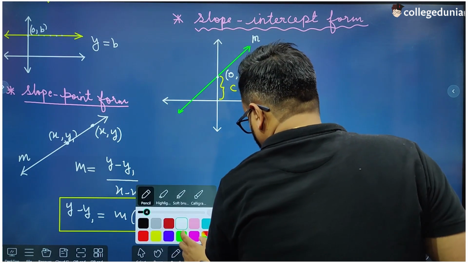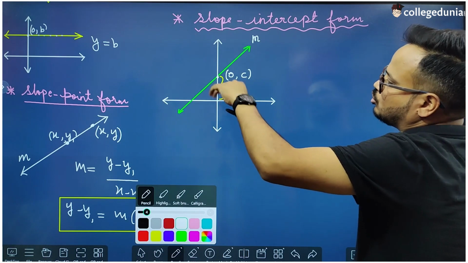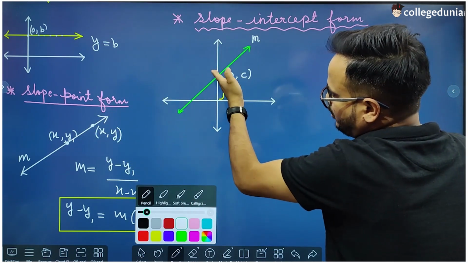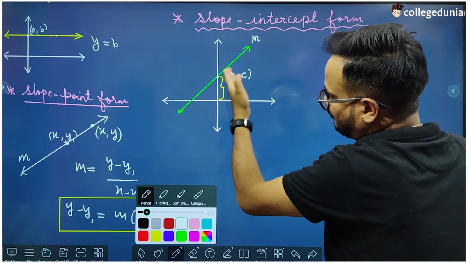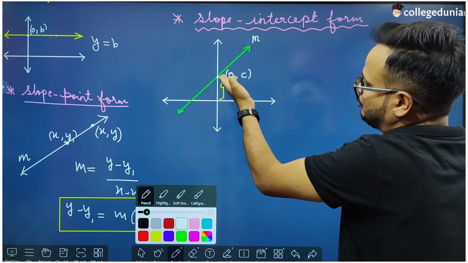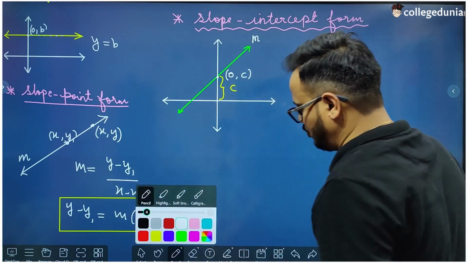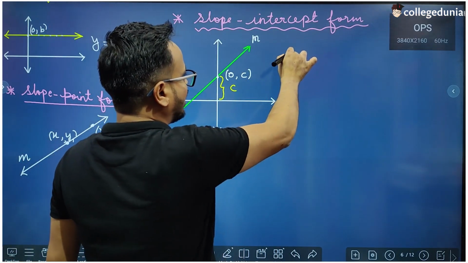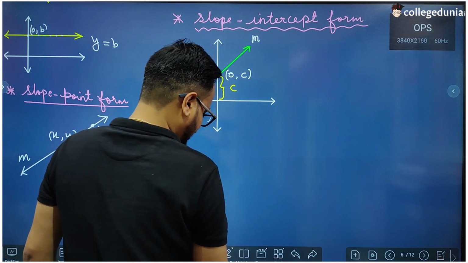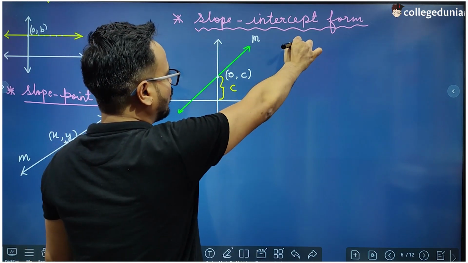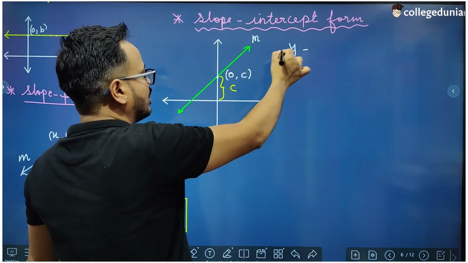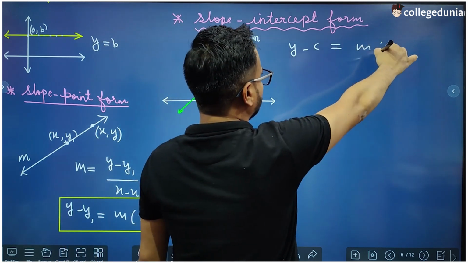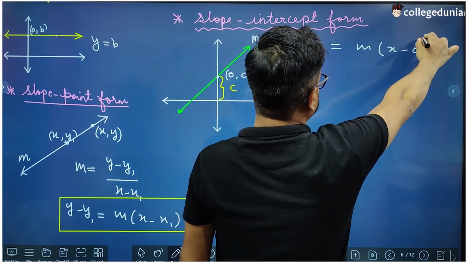So now we know the length of the intercept. So using that length, what we did, we just found this point so that we can have a point and the slope, and then we will put this point and slope in this form. So which is y minus y1, y1 is c, equal to m into x minus x1.